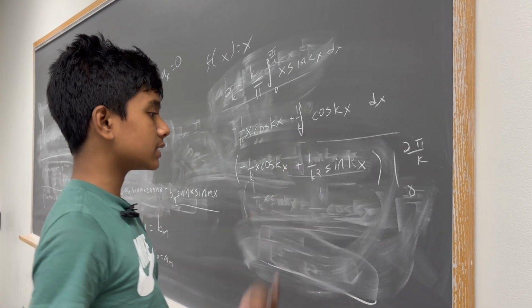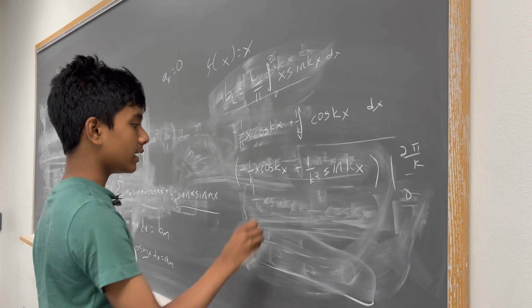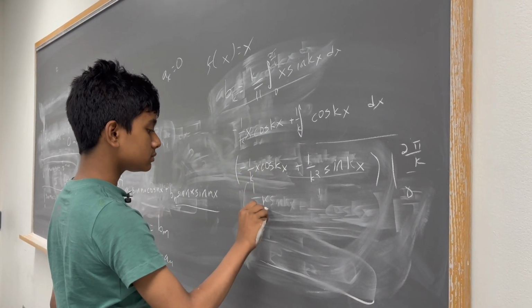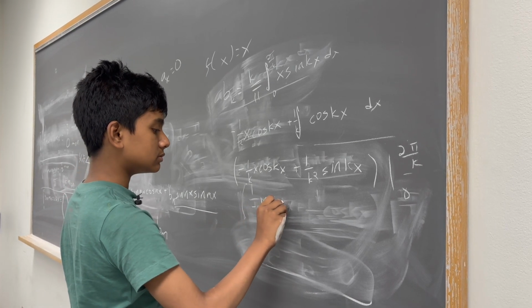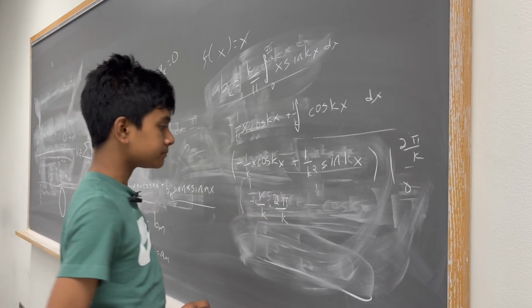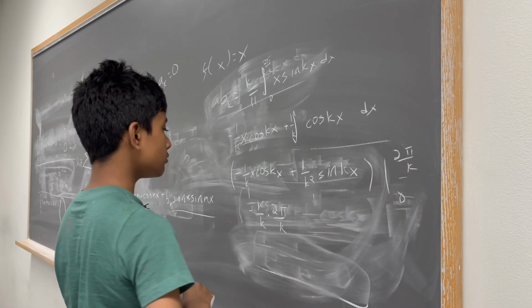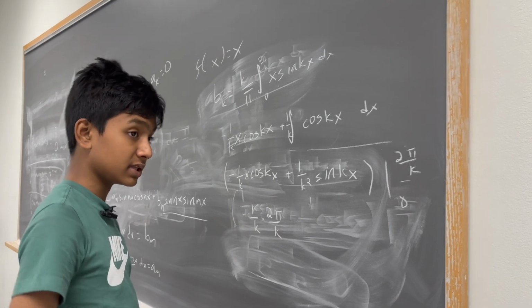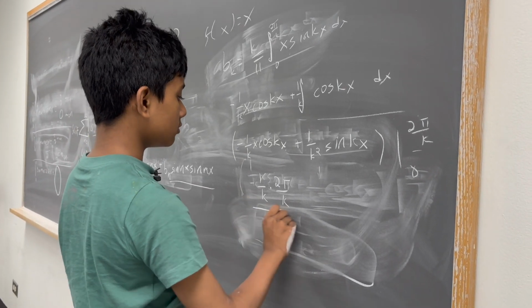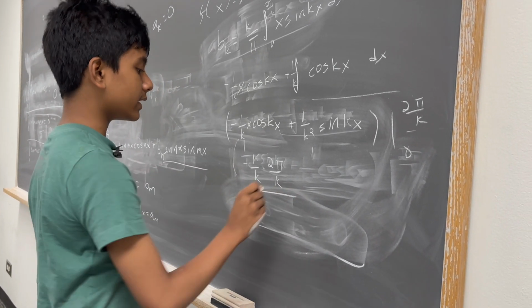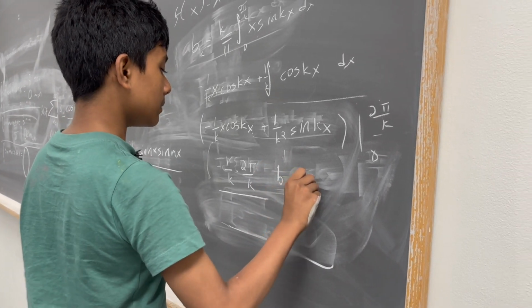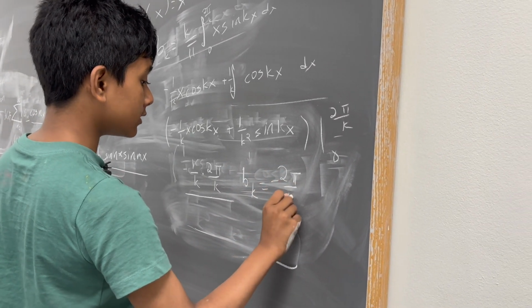This term is always going to get 0 for 2 pi over k. And this term is going to become minus 1 over k times 2 pi over k. And then for this 0 term, everything's going to be zeroed. Literally everything. So that means that our final answer for b_k is just minus 2 pi over k squared.